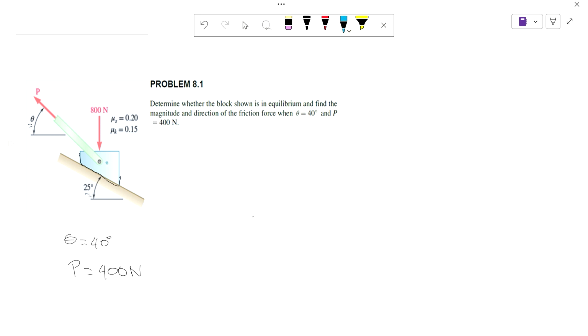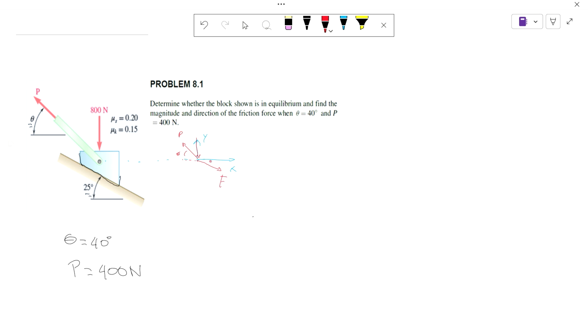If we choose a coordinate system that is like so, horizontal x and y, the force of 800 newtons like so, this is 800 newtons, then we're going to have P at angle theta, and we're going to have a friction force, which is not going to be 40 degrees, it's going to be something else.